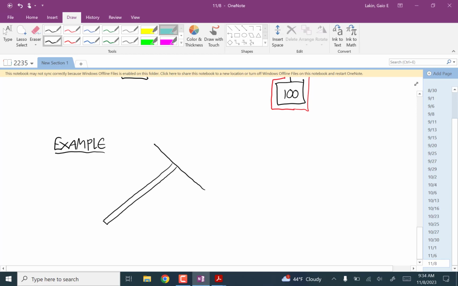So let's say we have a cantilever beam at an angle like that. Let's say this angle is 50 degrees. Sorry, I'm going to switch this to the other direction. Okay, so this angle is 50 degrees.